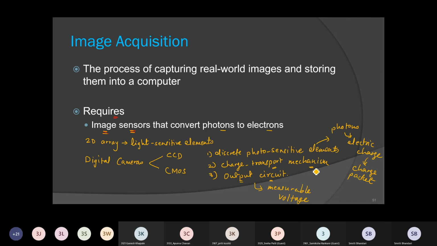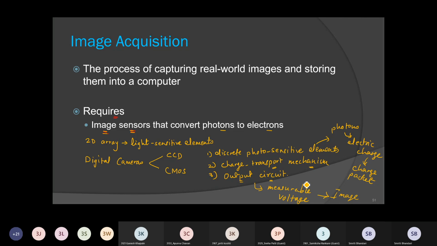The integrated charge that is generated is known as a charge packet. This charge packet is transported through the charge transport mechanism to the output circuit, and at the output circuit the charge gets converted into a measurable voltage. And we come up with the image by making use of these voltage measurements, right?